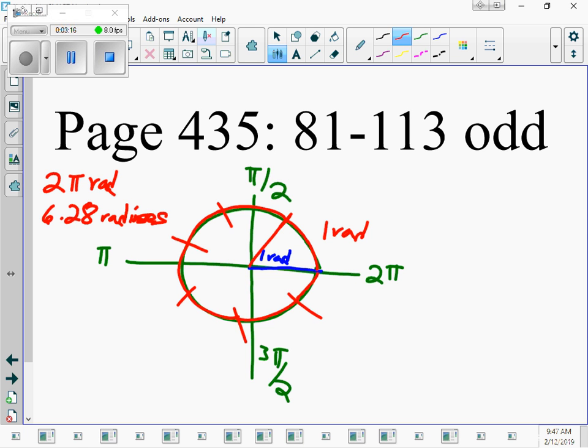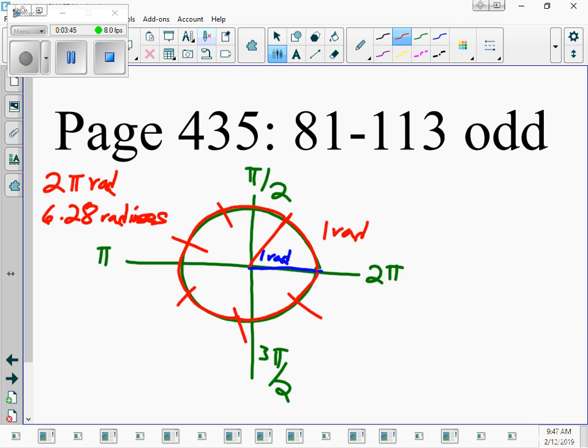So every circle has a circumference that is equal to 2 times pi radiuses. That's how many radiuses are in a circle. Now, we never use the decimals for radians. You can, but we just leave it in terms of pi. Pi over 2, 3 pi over 2, that sort of thing.